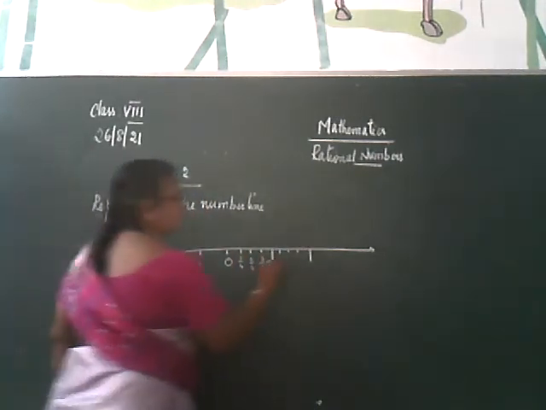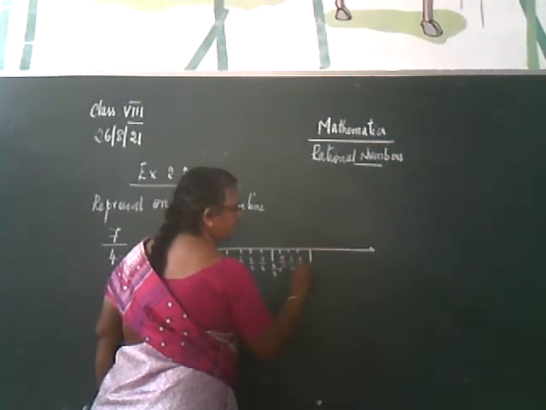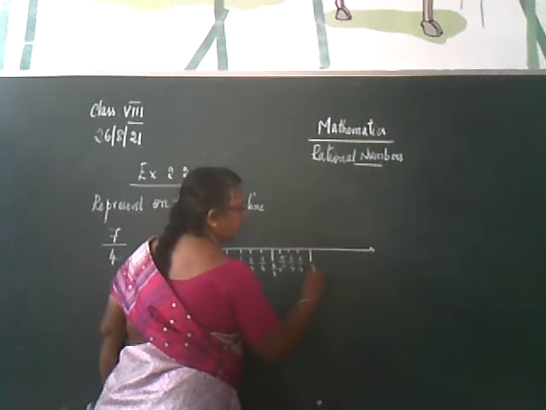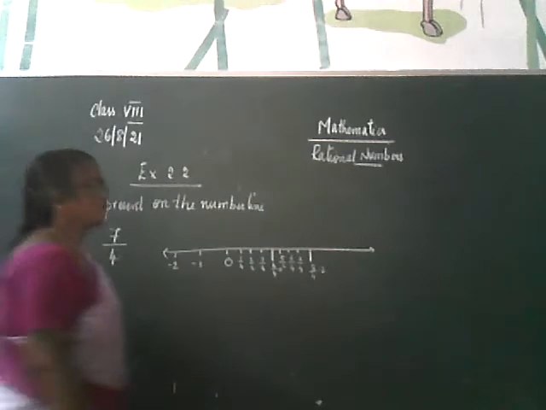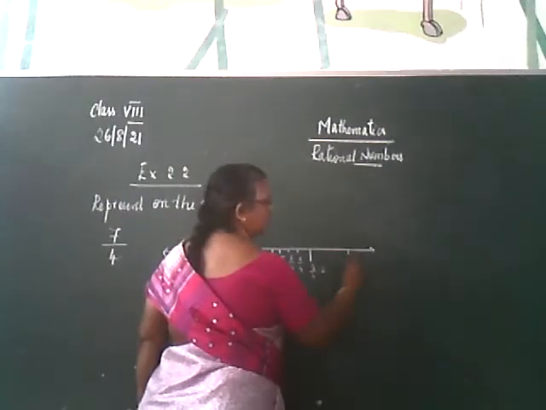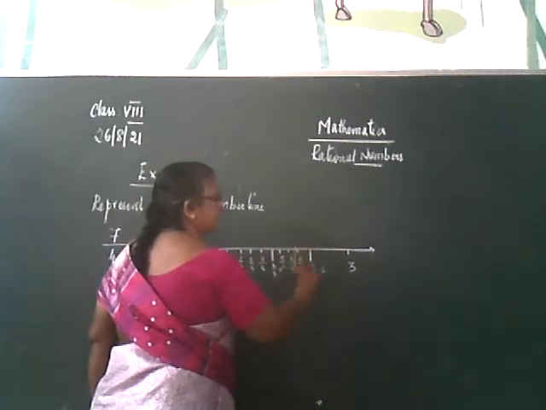Next, 5 by 4, 6 by 4, 7 by 4, then 8 by 4 which is equal to 2, isn't it? So now you know, what is this? We want 7 by 4, so 7 by 4 is this one.